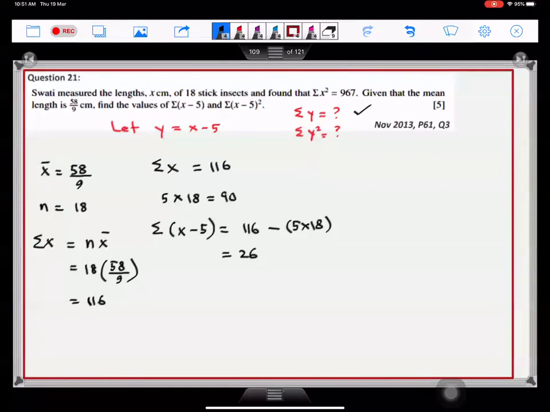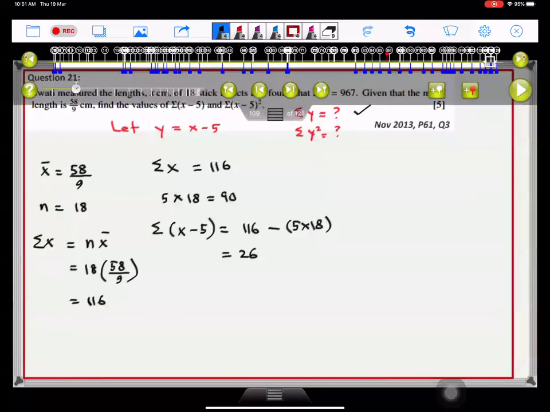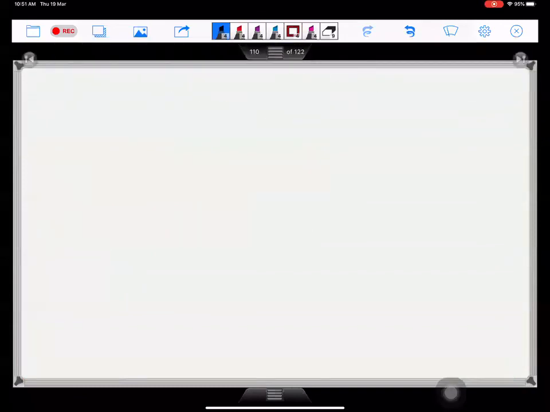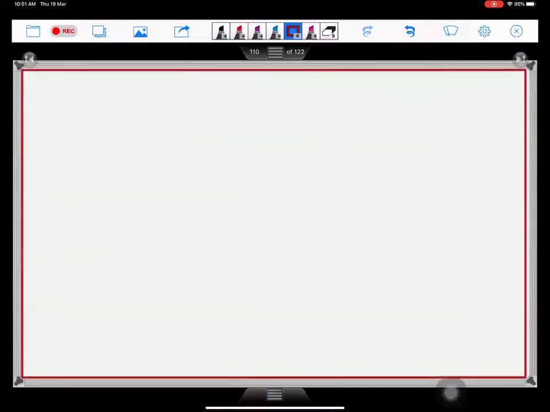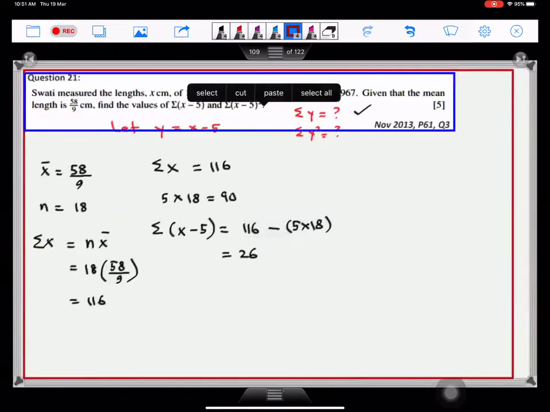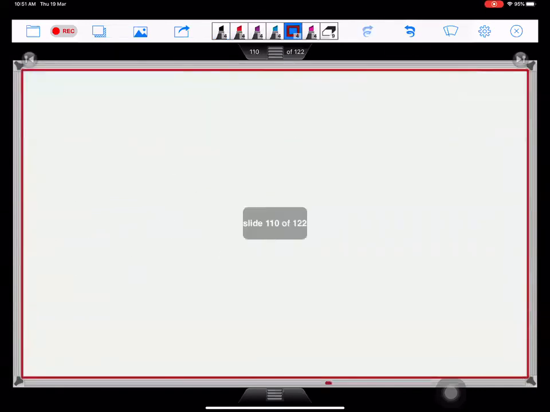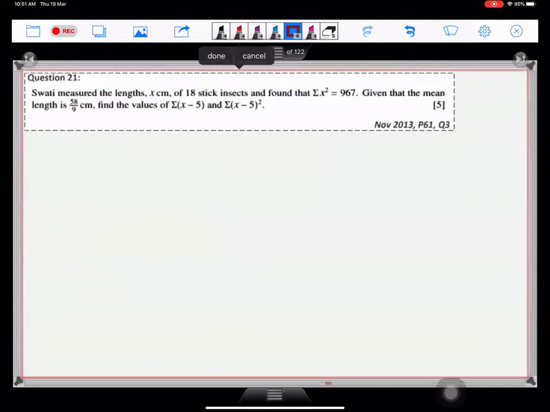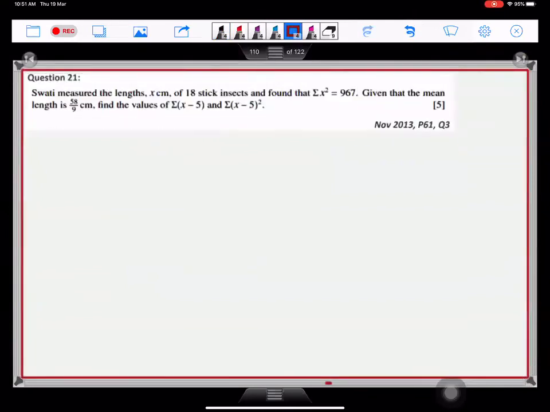Now what? Can I find standard deviation for x? Yes, I can. So let me do the working. I have x bar 58 over 9. I have number as 18.